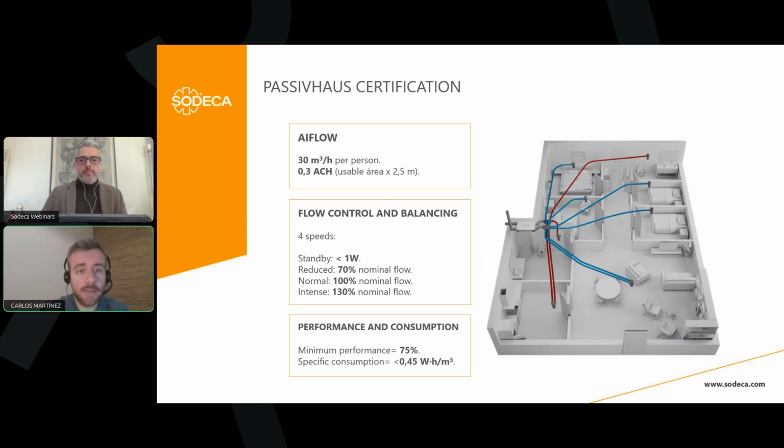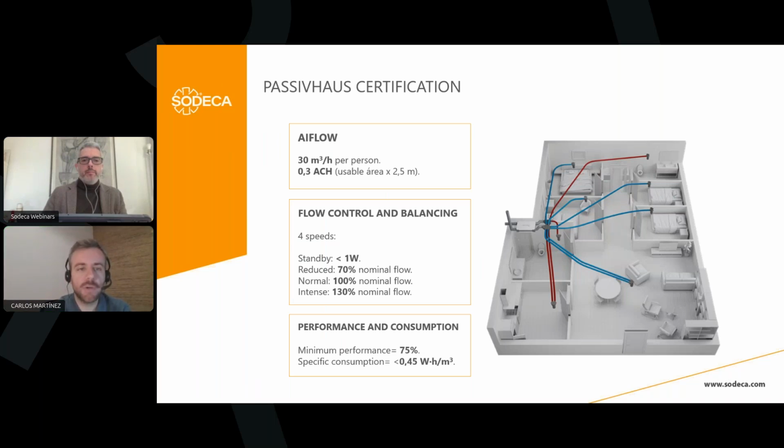So let's explain in more detail the requirements of passive house certification regarding the ventilation system. Okay. First of all, we can calculate the airflow we need in our projects using two different methods. We can calculate per person or per air changes per hour.